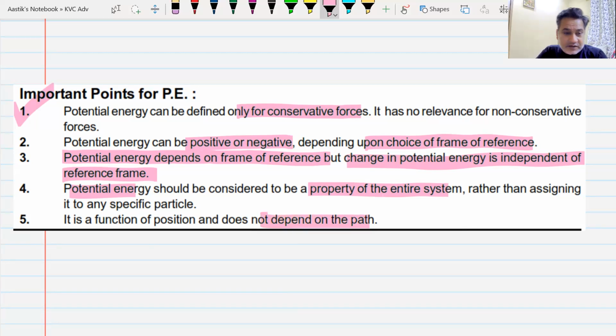It does not depend on path. Everyone understand this one, right? Yes, sir. Okay.